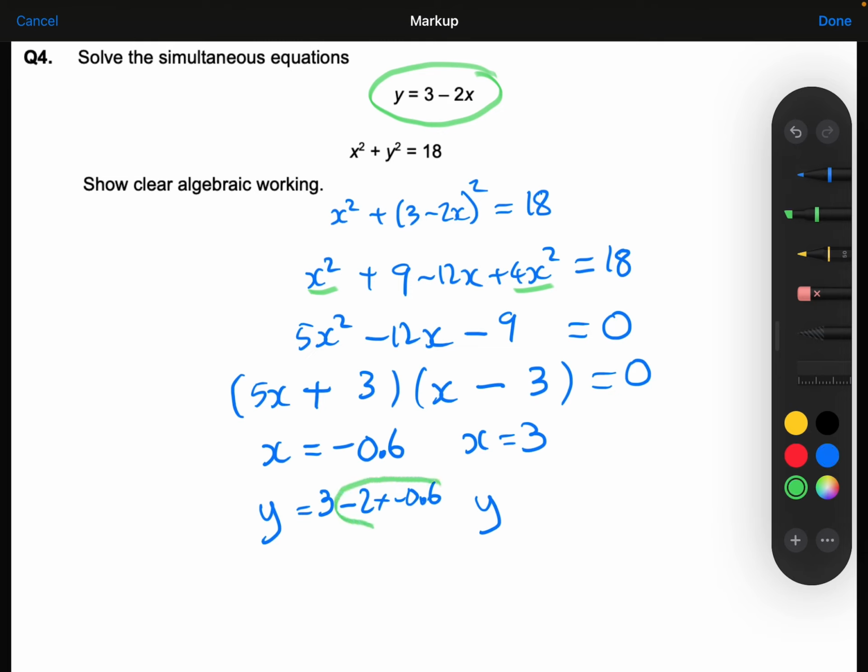The minus 2 times the minus 0.6 is plus 1.2. And the 3 plus 1.2 is going to be 4.2.